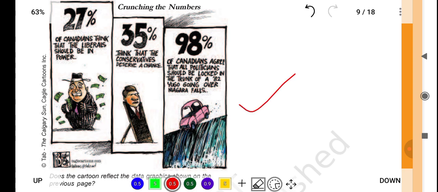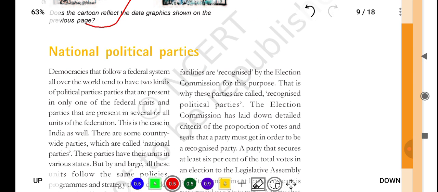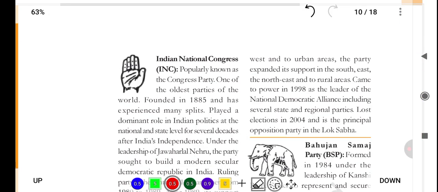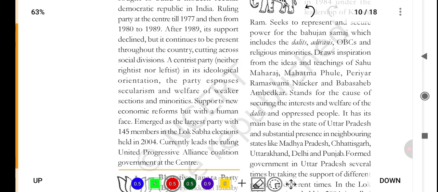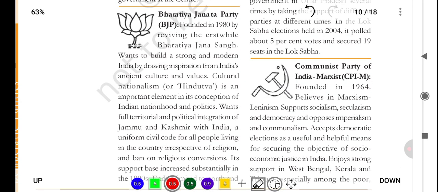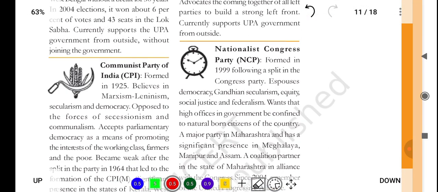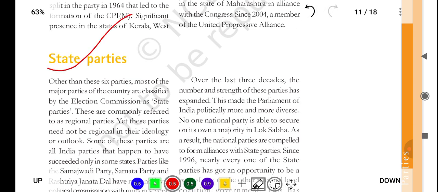So you can see what this cartoon depicts over here. You can read the caption of this cartoon also. National political parties. Indian National Congress, Bahujan Samaj Party, Bharatiya Janata Party, Communist Party of India Marxist, in short CPIM, Communist Party of India CPI, Nationalist Congress Party, state parties.